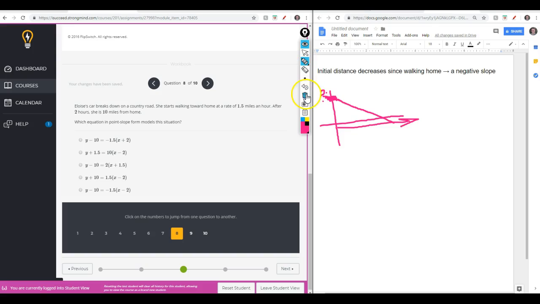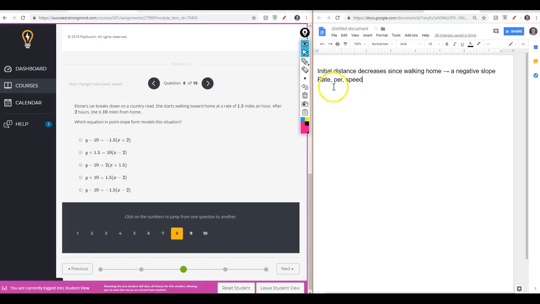So the next thing, talking about slope, there are a few key words. Rate. Anytime they use per, a speed, if they give you a speed. Slope is just a change of, like, miles an hour. So it's telling us how many miles she changes per hour.